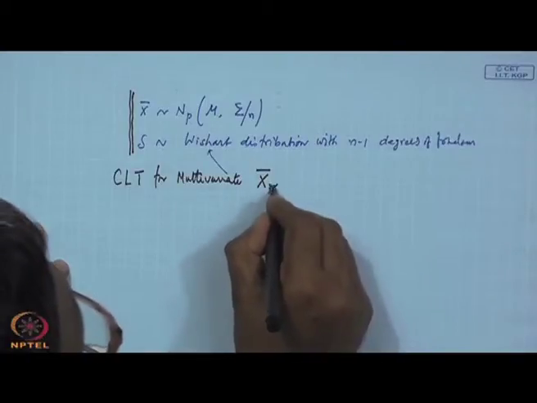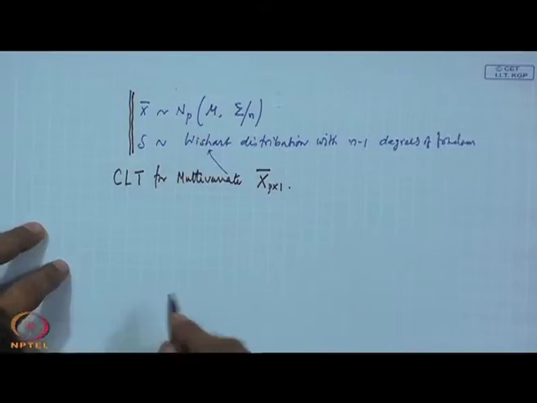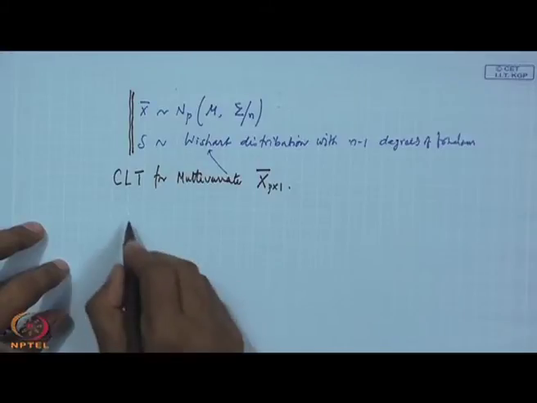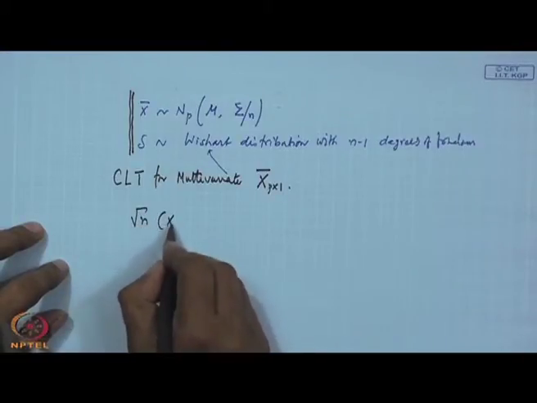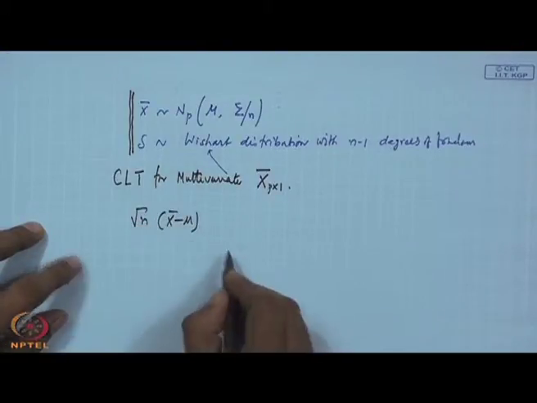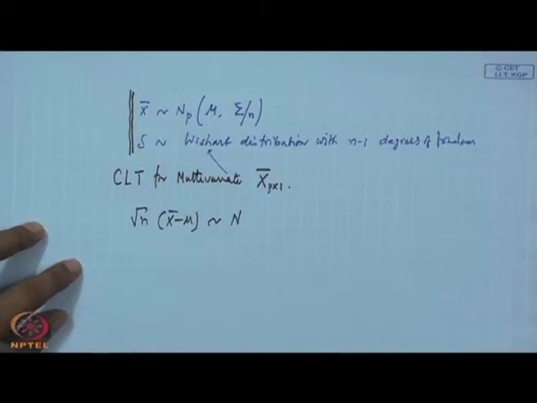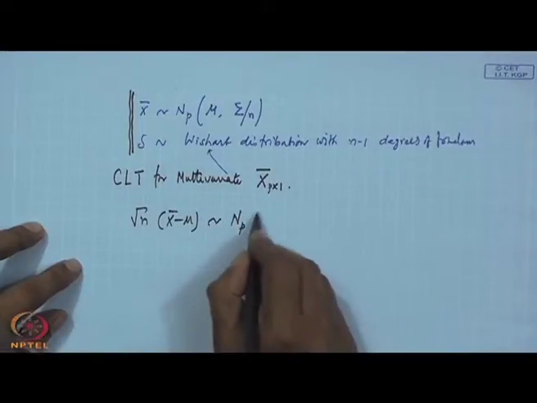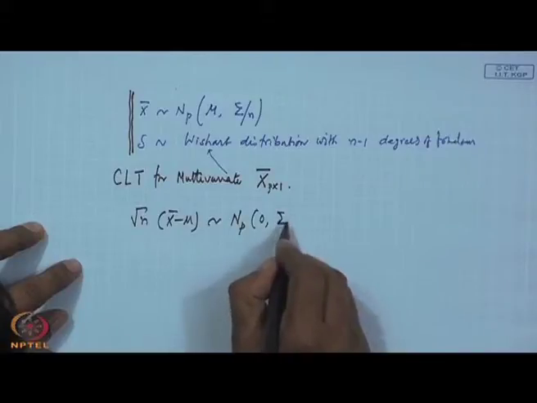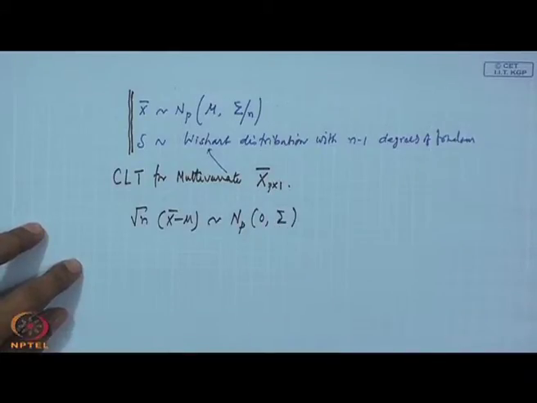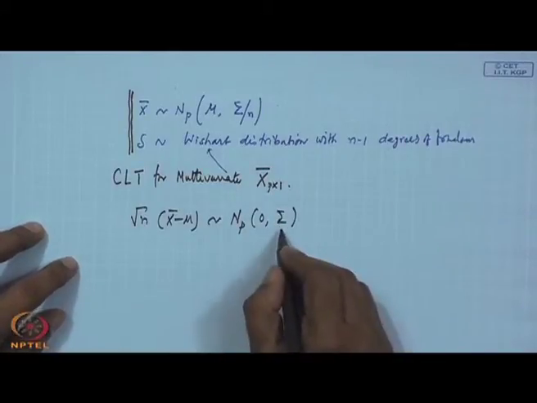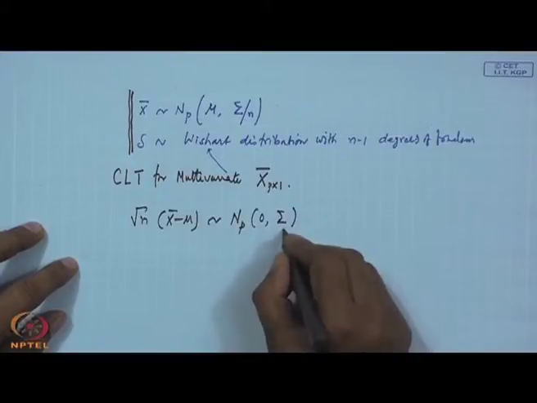What will this be? Here you have seen that square root of n times x bar minus mu follows a multivariate normal with mean vector 0 and covariance matrix sigma.